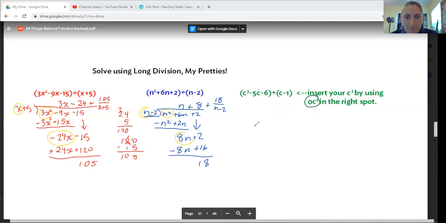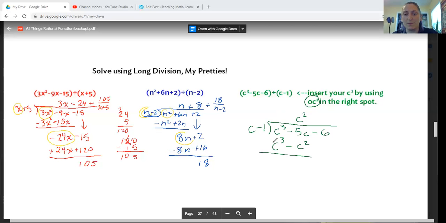We're going to put c minus 1 going into, I'm going to do it without it once so you can see how it messes you up. C cubed minus 5c minus 6. Okay, and I'm going to go, okay, c into c cubed. Well, what we have to do is we have to do c squared, right? C squared times that makes that c cubed, and then c squared times 1, negative 1 equals negative c squared.